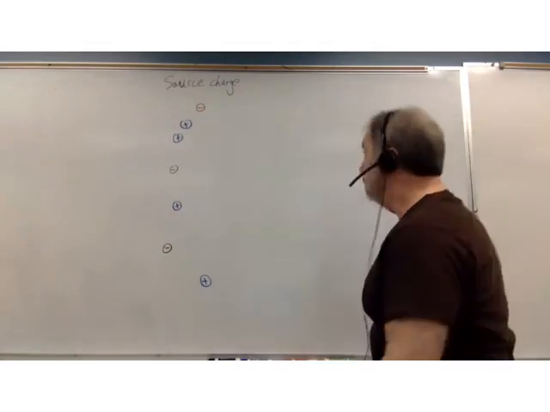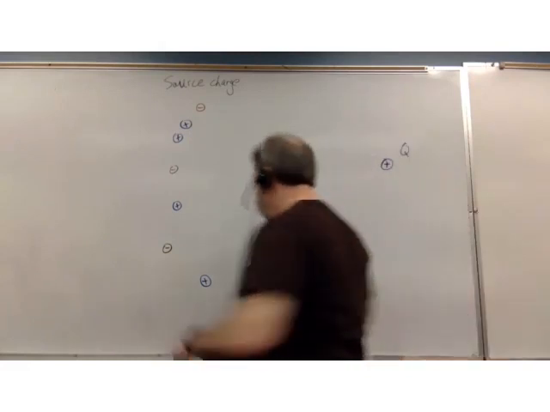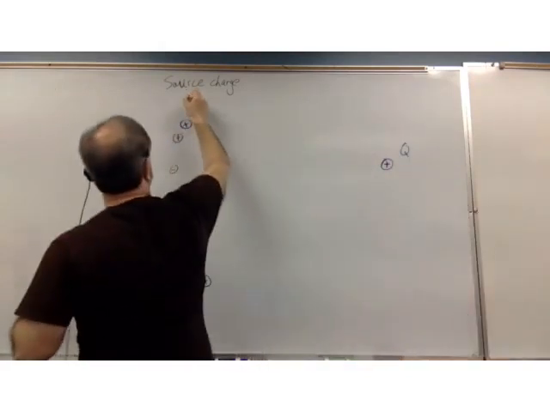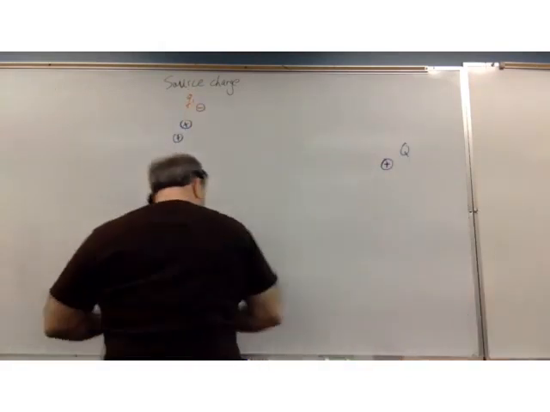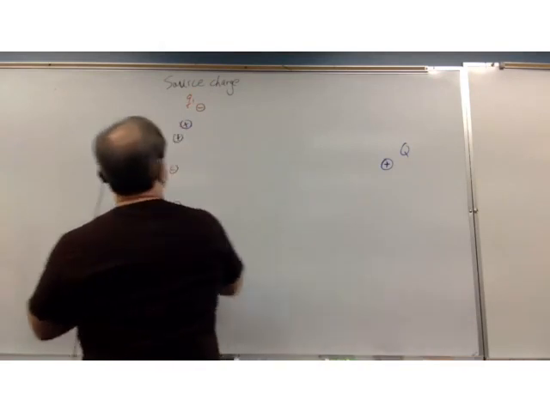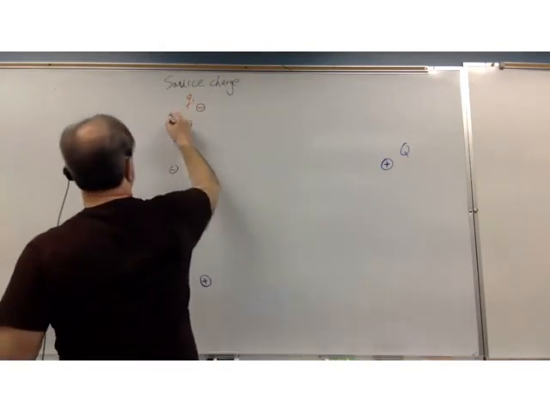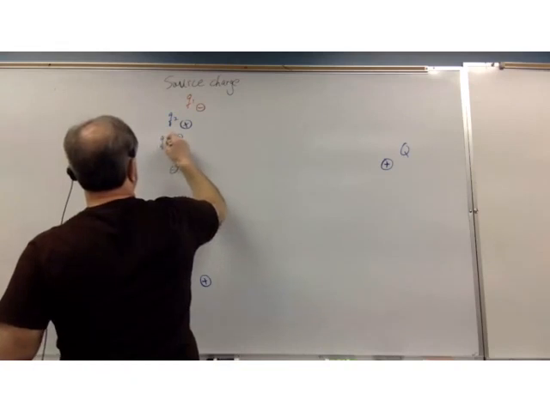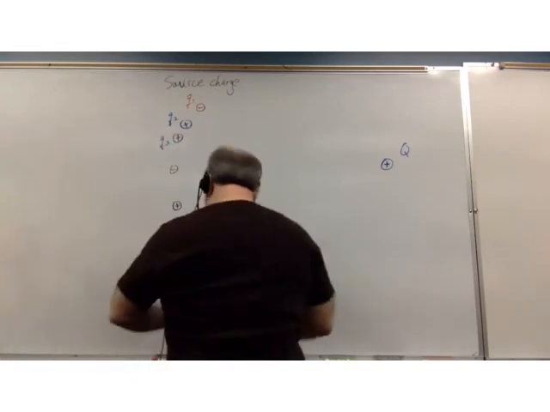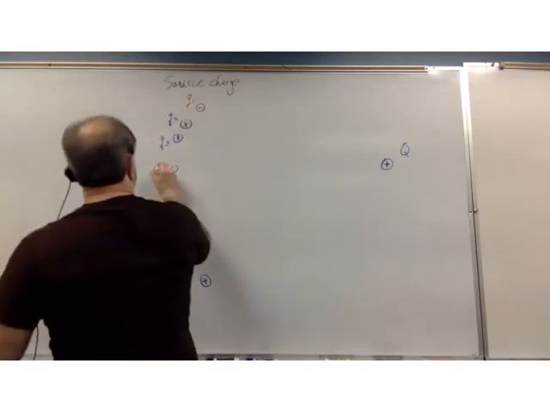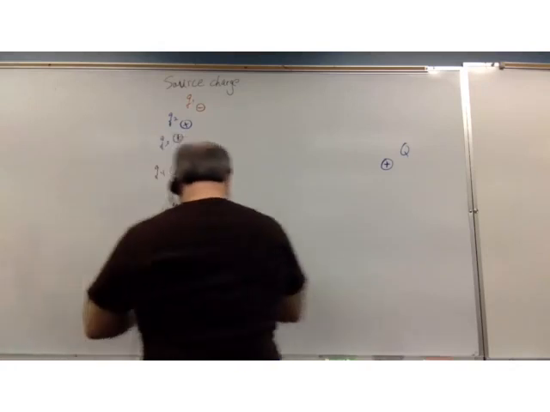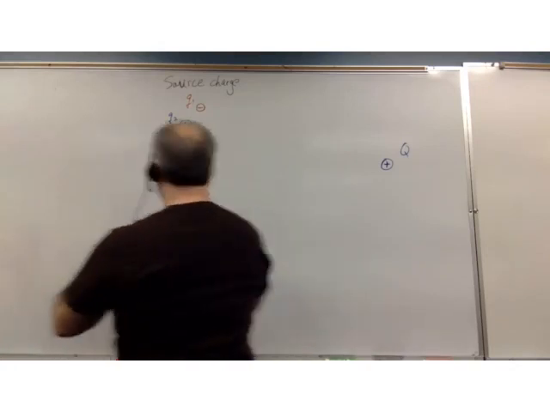And in fact, why not? So let's label these. Let's call this one Q1. I'm going to use little q to represent our source charges, and then capital Q is our test charge. And Q4 here, Q5.